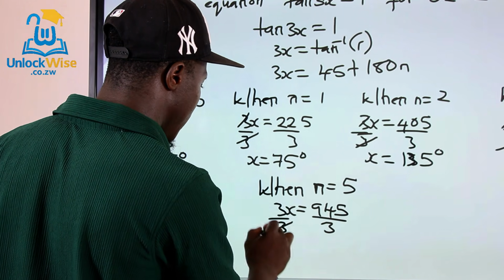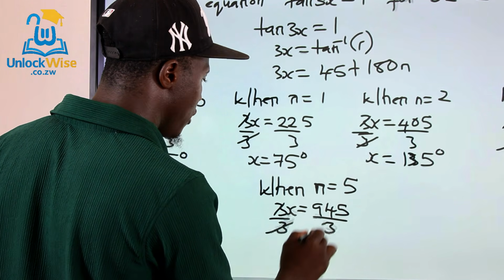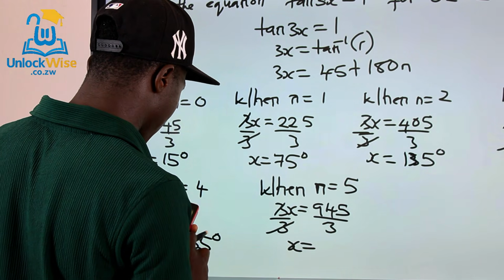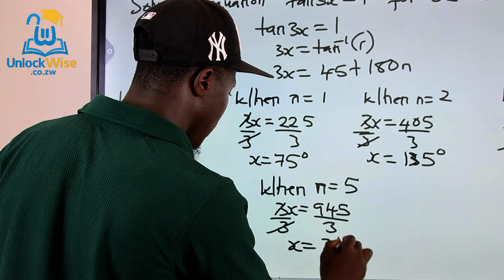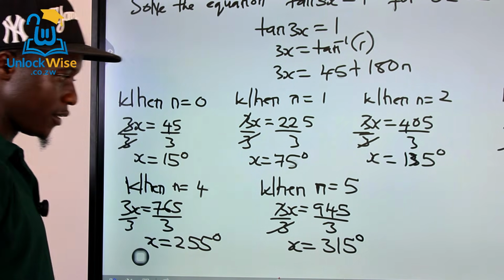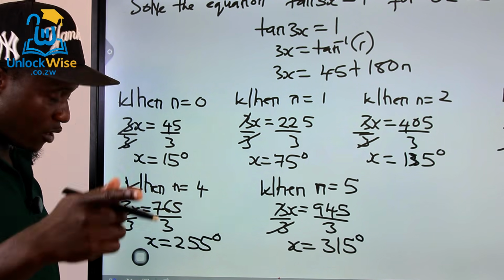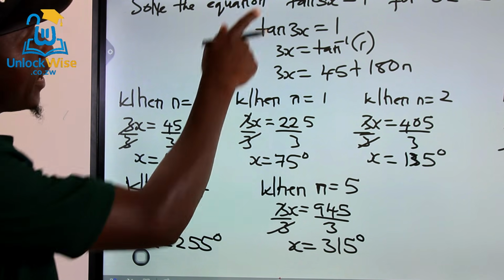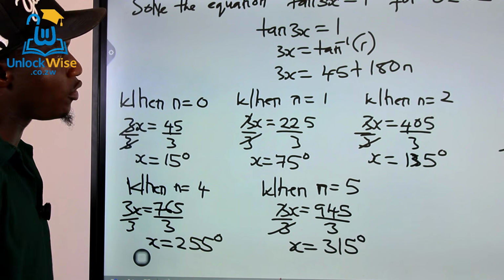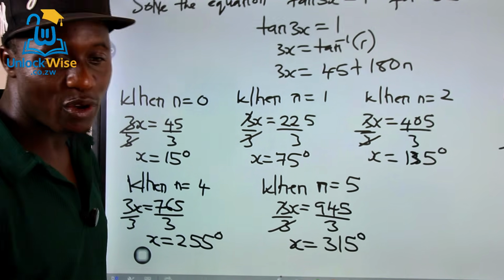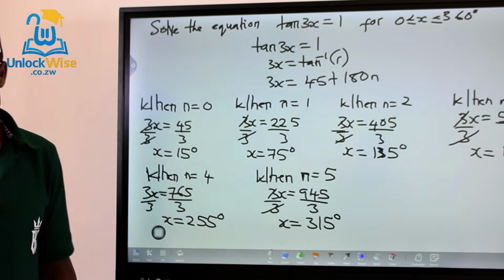Then our x will be equal to 315 degrees. So now any number above 315 will be out of the range, since our range is from 0 less than or equal to x less than or equal to 360 degrees.